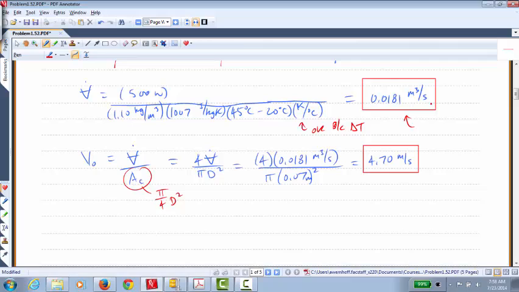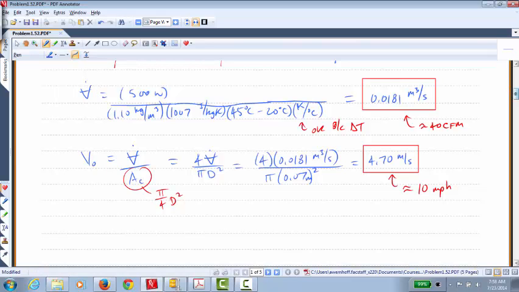This value of 0.0181 meters cubed per second, if we were to put it in Wolfram Alpha and do a unit conversion, is roughly around 40 CFM, which is a good number, because 40 CFM is about typical for a small fan. 4.70 meters per second, if you put it in and do a unit conversion, is roughly about 10 miles per hour. Again, a breeze of 10 miles per hour seems plausible for a hairdryer. So these numbers seem to be realistic, so that gives a little bit of validation that we're doing things appropriately.